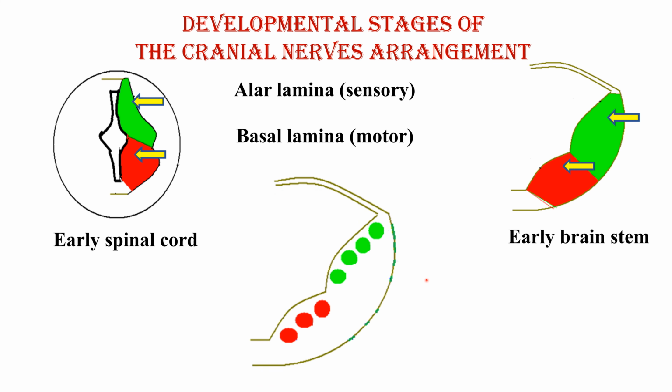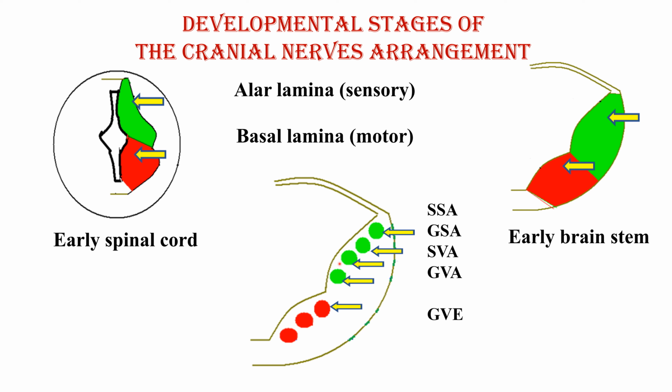When it comes to a more developed brainstem, the alar lamina, which is the sensory, will divide into the 4 columns of the sensory. The basal lamina, which is the motor, will divide into the 3 columns of the motor fibers. So we'll take them from lateral to medial: the special somatic afferent, then the general somatic afferent, then the special visceral afferent, the general visceral afferent, and lastly, that is the 4 sensory.